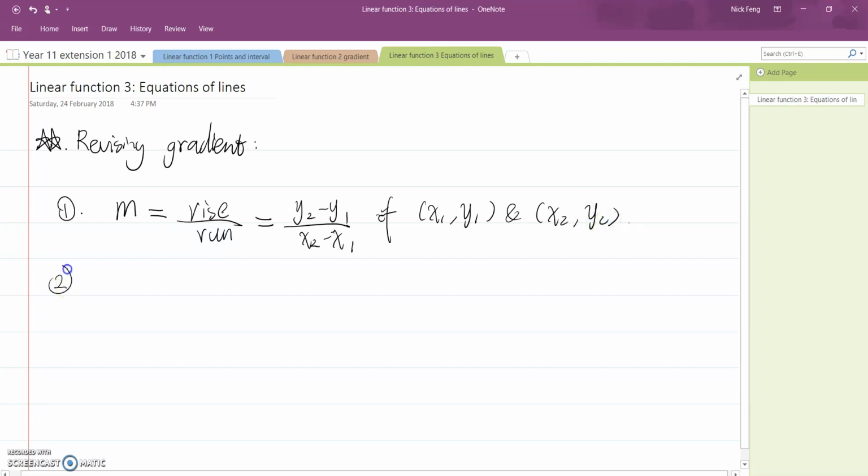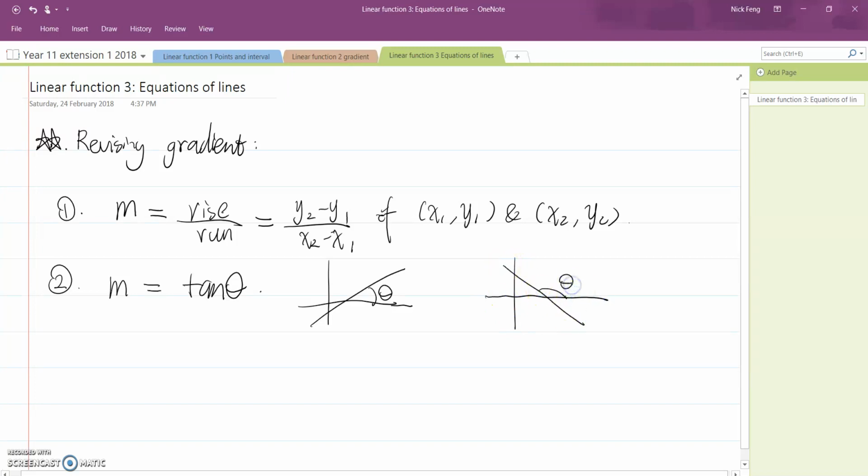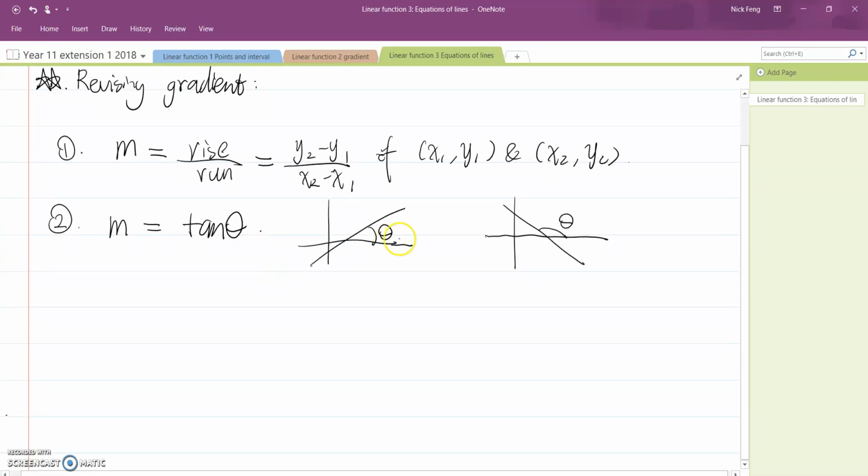But it can also be defined as the tangent value of the angle of the line made with the x-axis on the top right side. Depending on whether it's a positive gradient or negative gradient, your theta should be acute or obtuse.